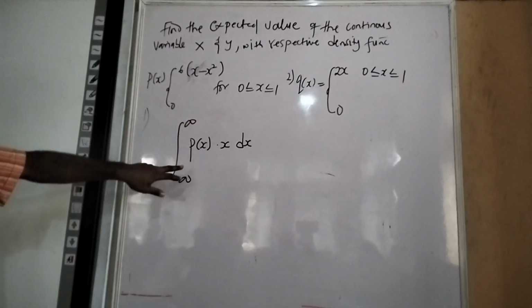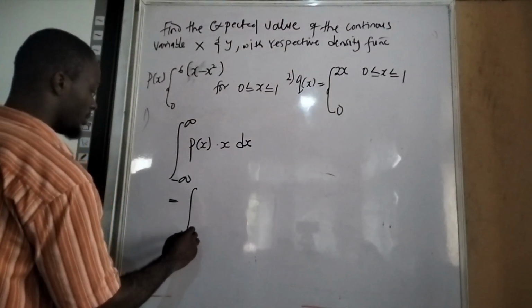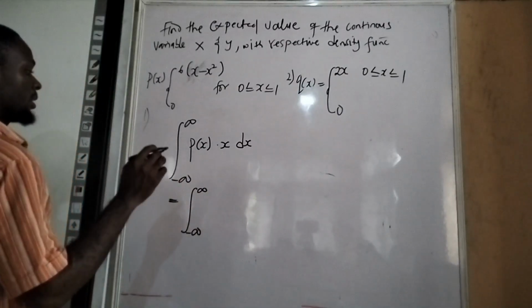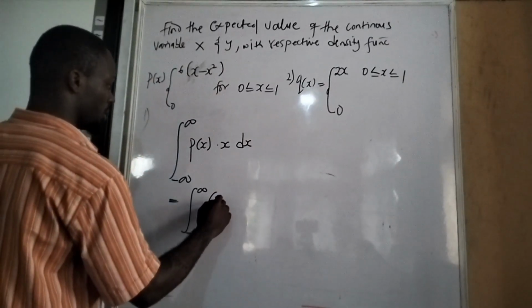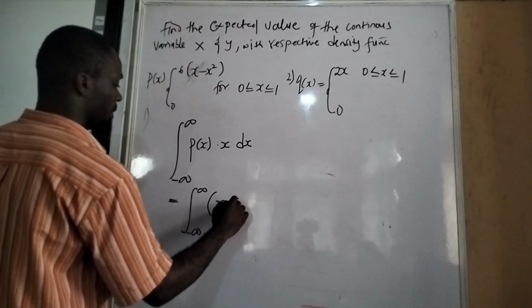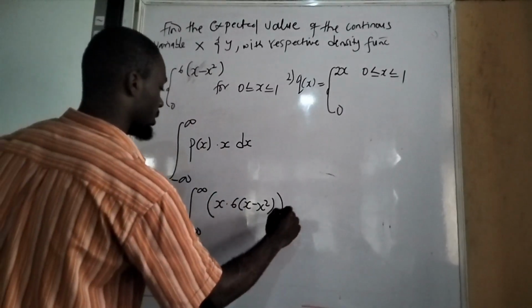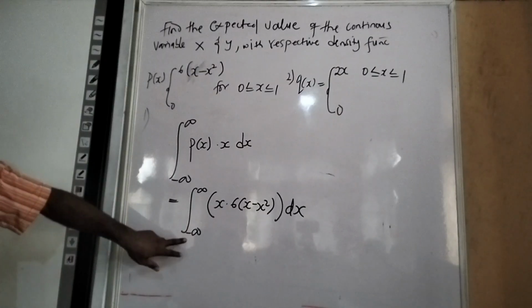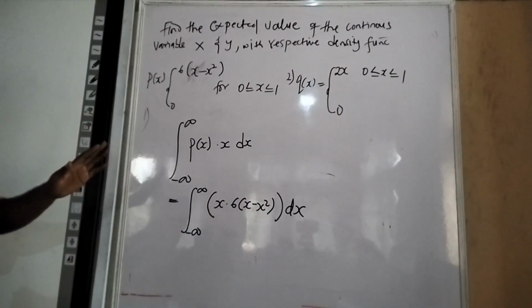For this first one now, using this formula, we say we integrate from this to this, then we multiply the function x(6x minus x squared). Go through everything, but since we have minus infinity to infinity, we have to use our number line to break it down.